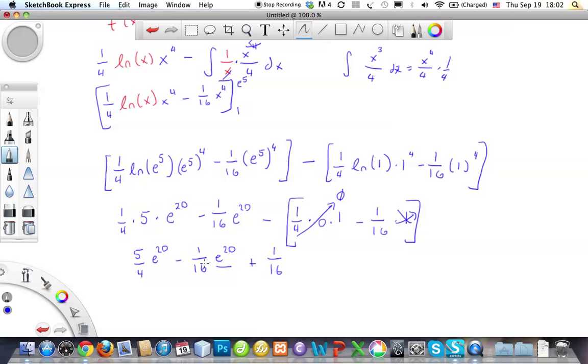And since these have the same base, 5 fourths minus 1 sixteenth is 19 sixteenths. So 19/16 times e to the 20th, plus 1 over 16. And there you have your answer for your definite integral evaluated from 1 to e to the 5th power.